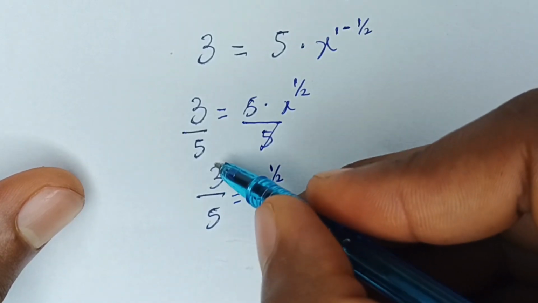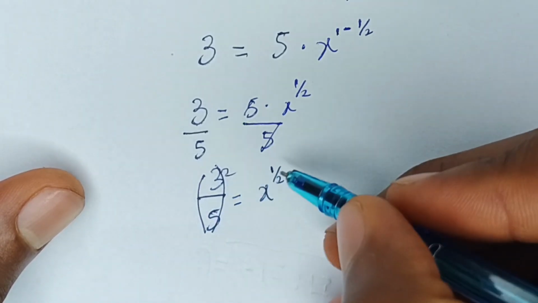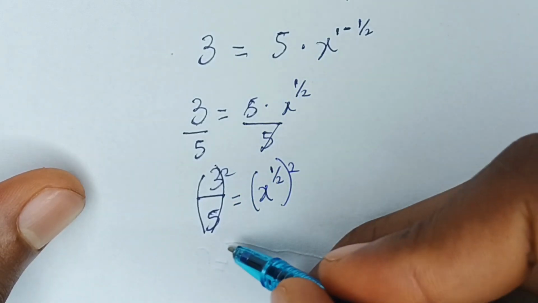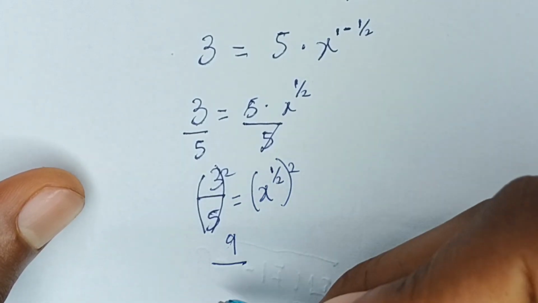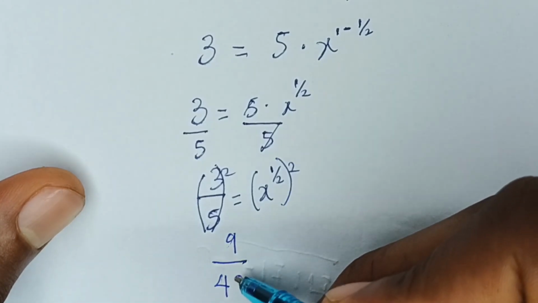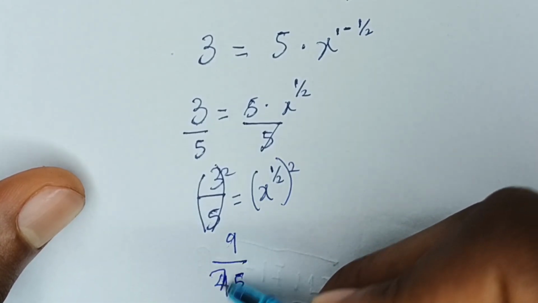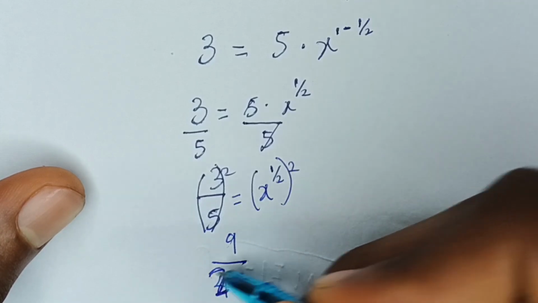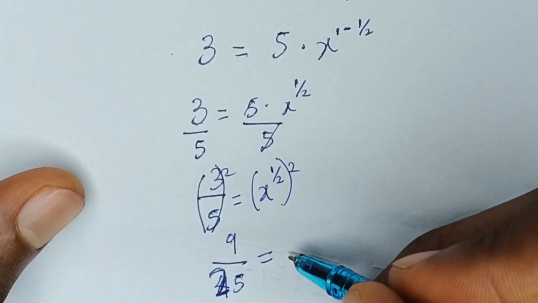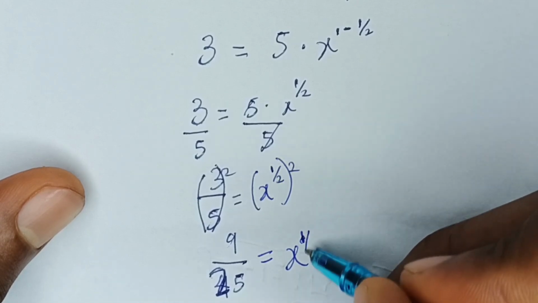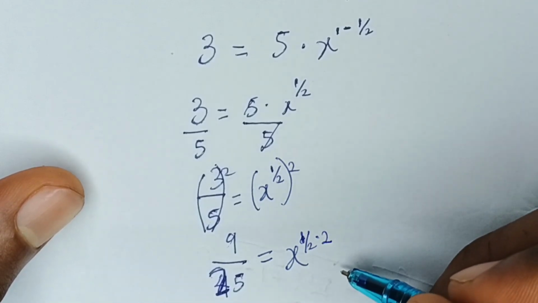If you square both sides, we have 9 over 25 on this side, equal to x raised to the power half times 2.